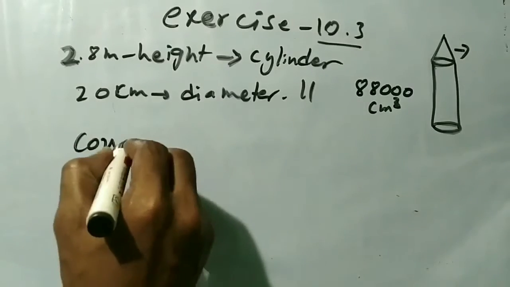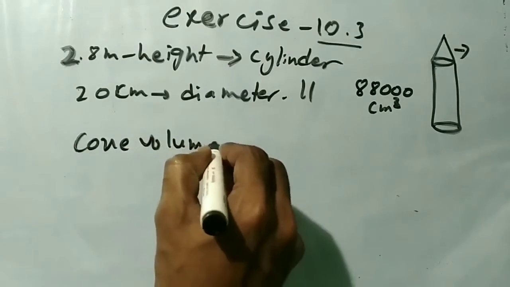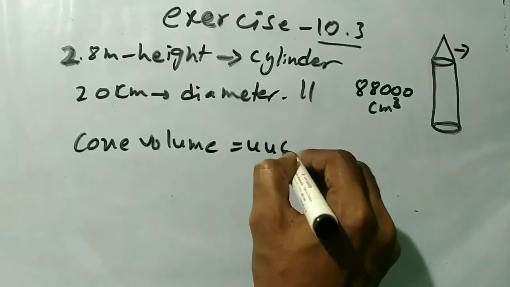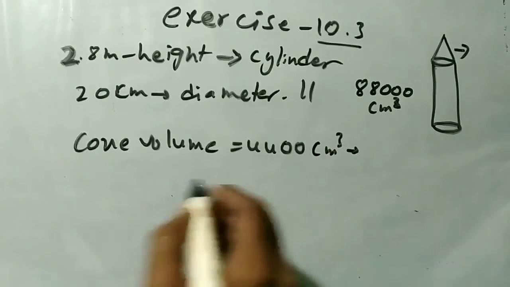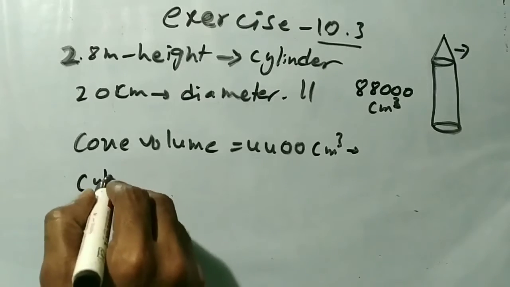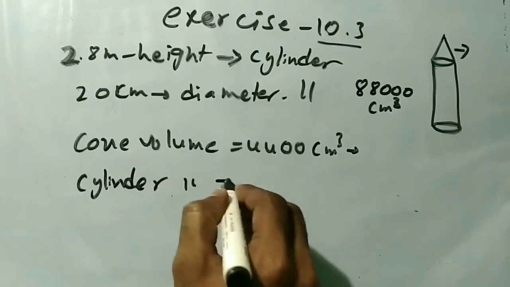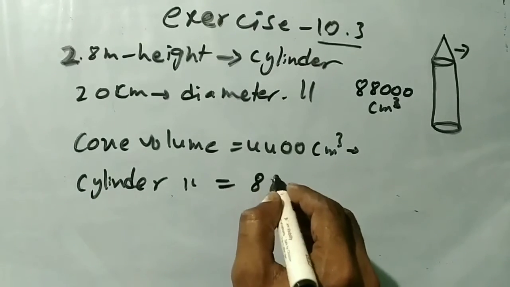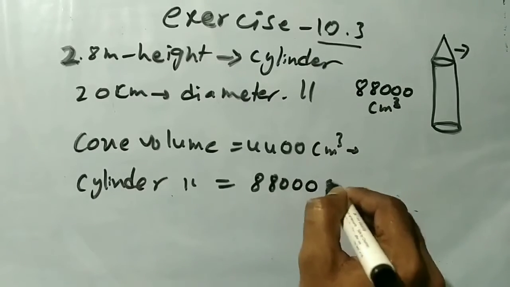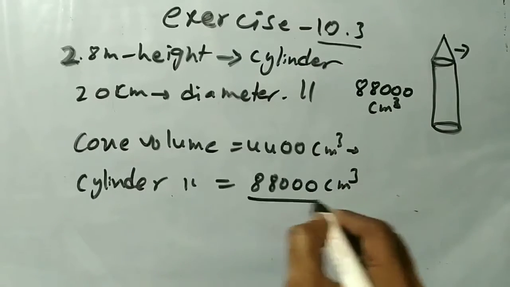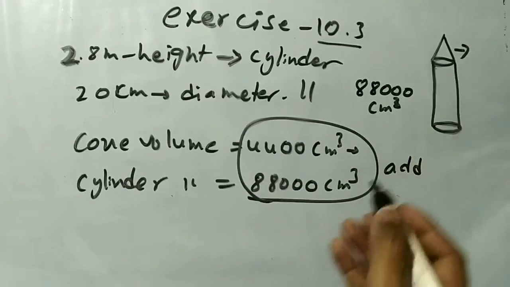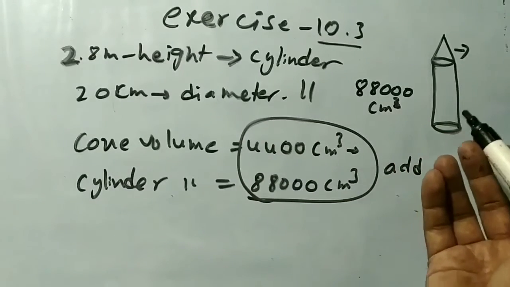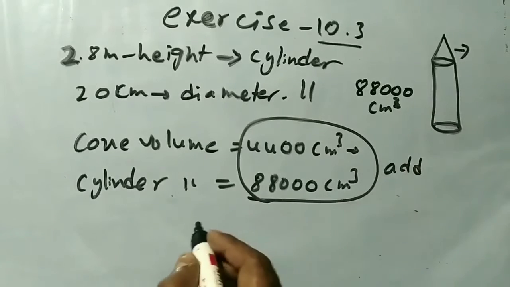We got the cone volume equal to 4400 centimeter cube, and the cylinder volume is equal to 88,000 centimeter cube. So we have to add these two, so that we can get the volume of the pillar with the cone mounted on top.